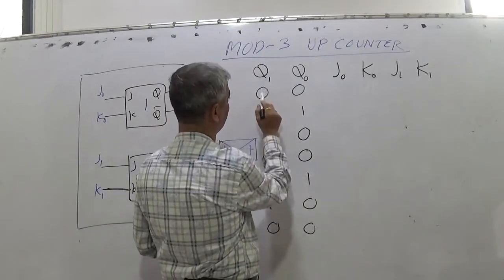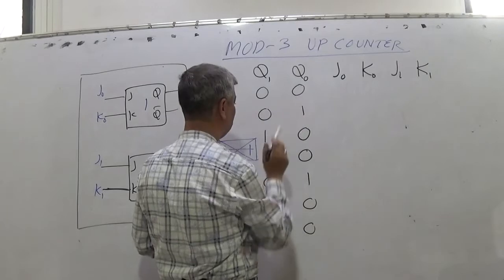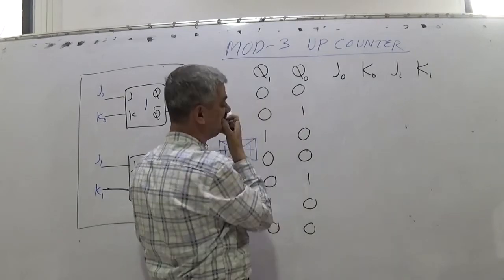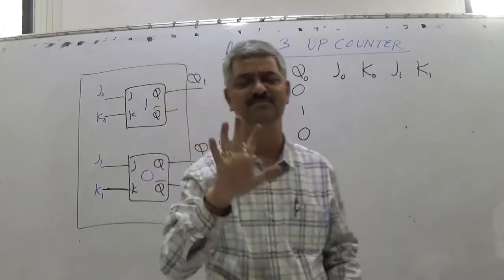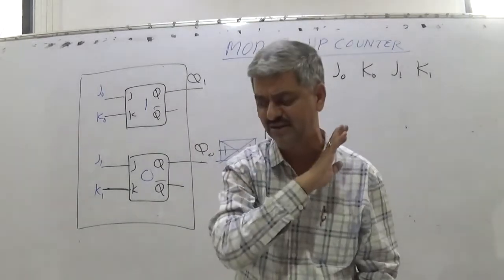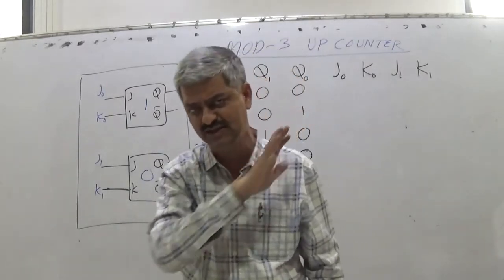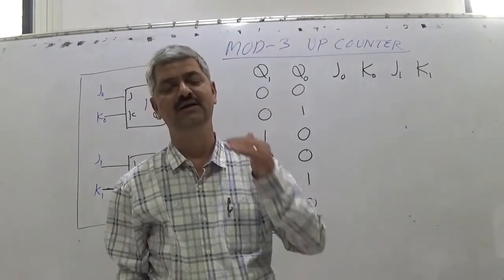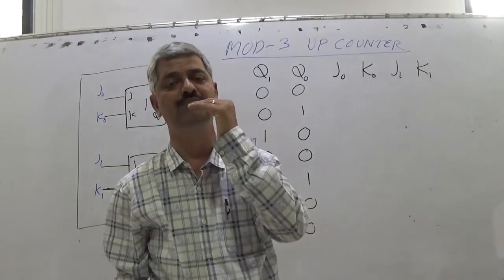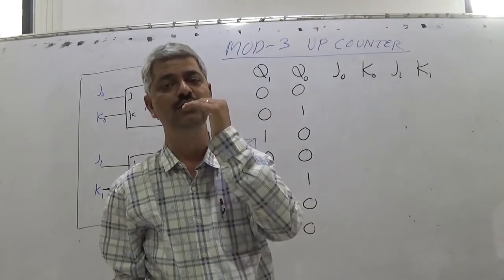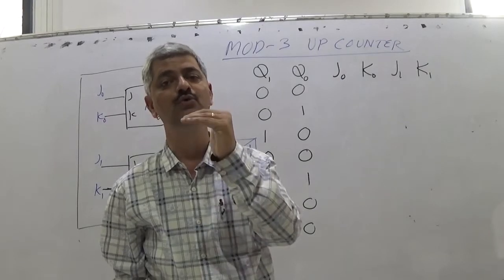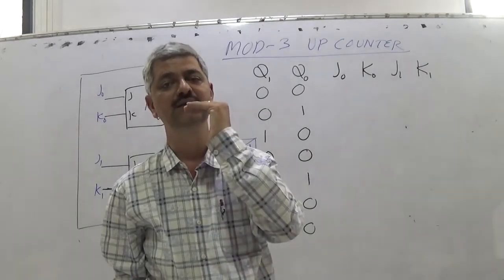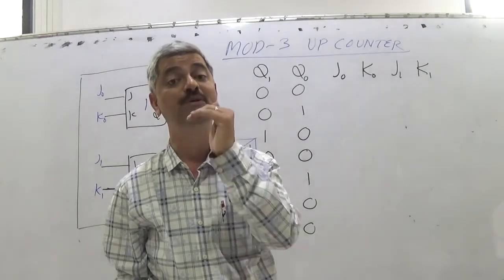So current state, whatever it may be, this is the first principle of designing a counter. Based on this, you can design any counter. The current output state of the counter should be used to determine the inputs of all flip-flops.